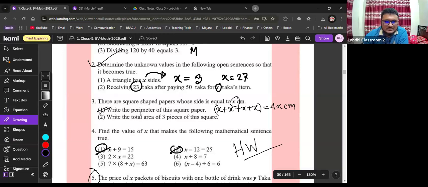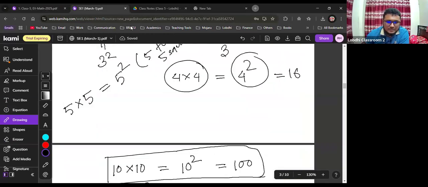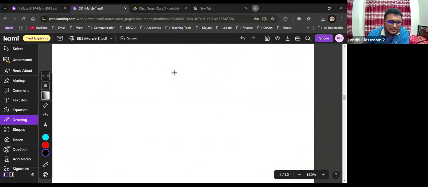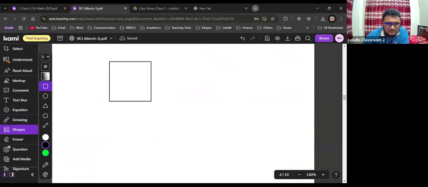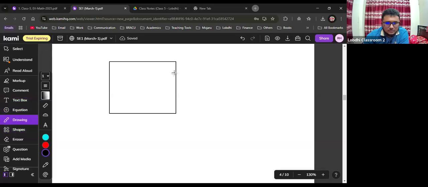Number 2 is telling the square remains the same with each side equal to x centimeter. Let me just draw it. Your book is telling that there is a square with each side x centimeter.